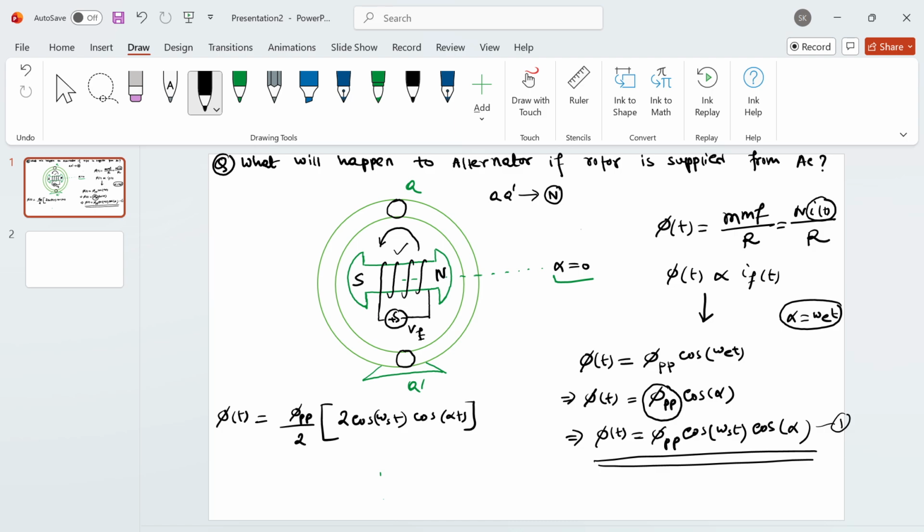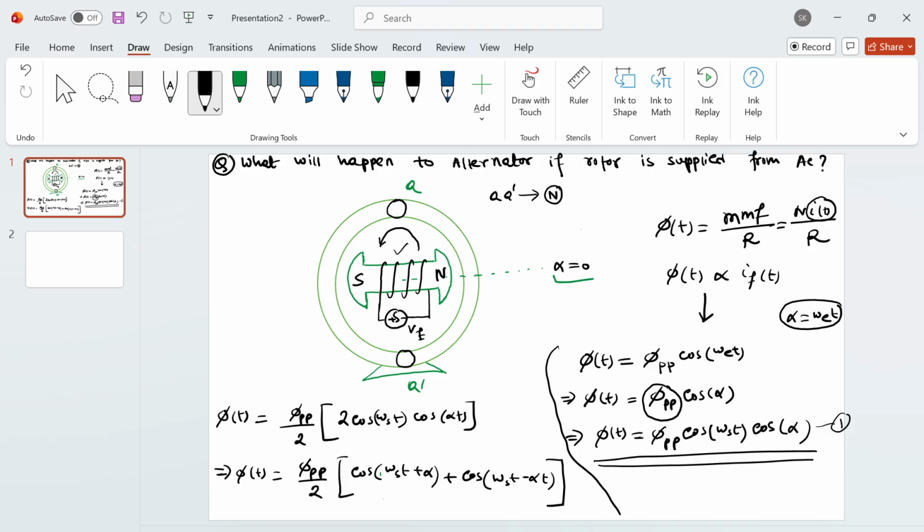So you can write phi of t, where omega is basically the supply frequency of the field current, as cos(omega_s t plus alpha) plus cos(omega_s t minus alpha). Sorry, it is not alpha t, extremely sorry, it is just alpha. So here also t will not come. So you have this particular equation.